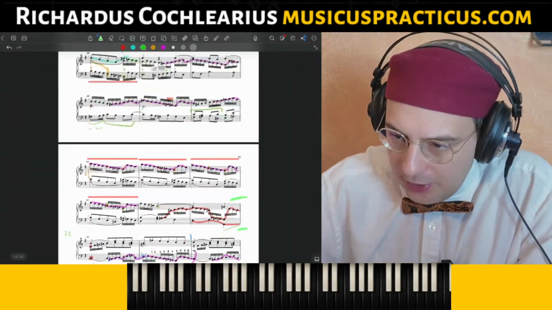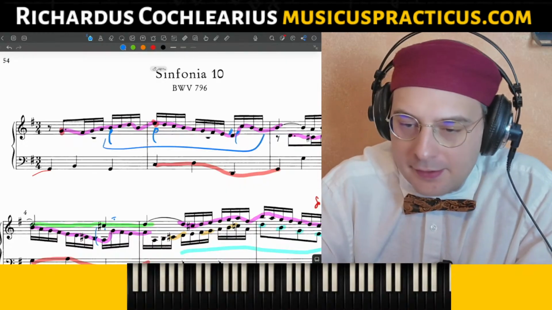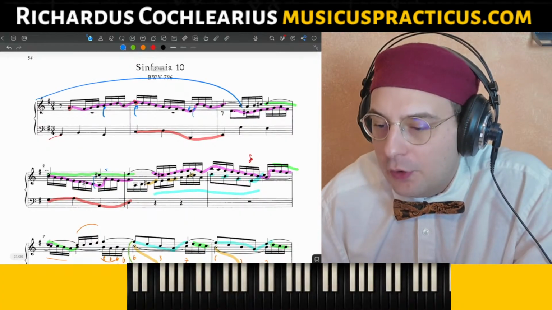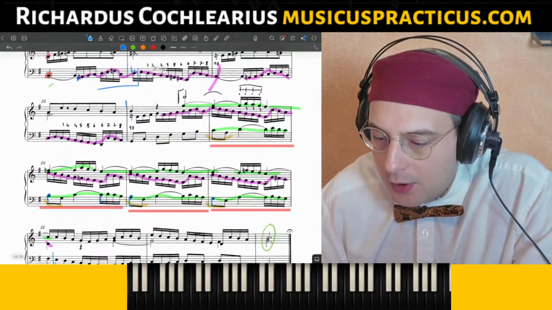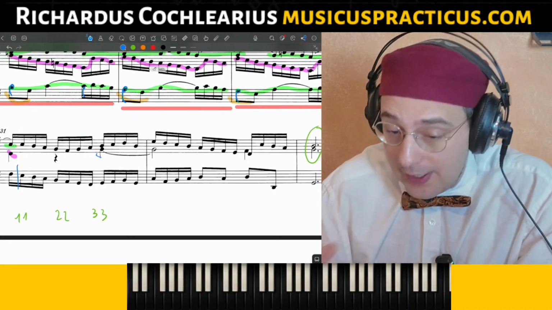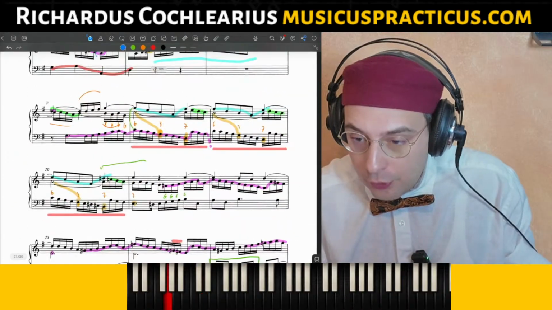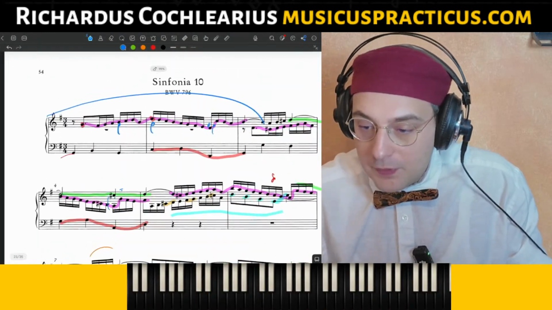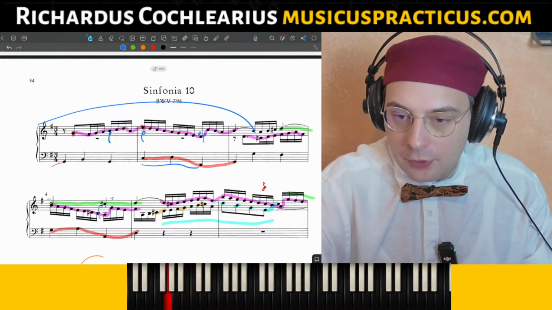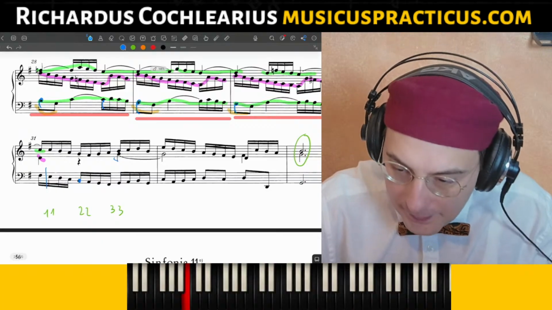Do you remember at the beginning of this analysis when I wrote this blue voice? Here it is. We have the blue voice, so the ending, which is nothing more than the opening, the first two bars, with the blue voice in the middle, exactly as I wrote it, and in the bass, fa, sol, do, do, mi, do, fa, sol, do, mi.